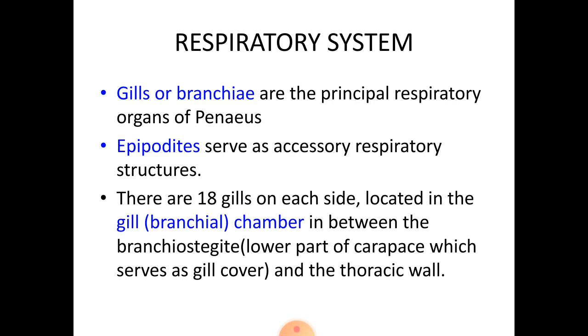Next is the respiratory system. The principal respiratory organs of Penaeus are gills or branchiae. The epipodites serve as accessory respiratory structures. There are 18 gills on each side, located in the gill chamber between the branchiostegite and the thoracic wall.